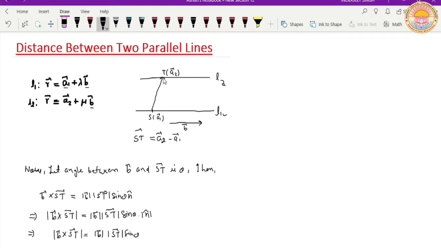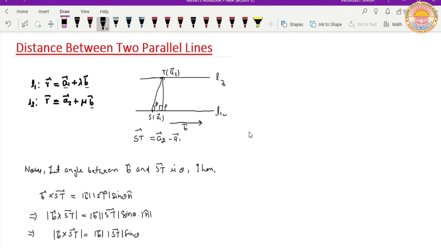Now the distance between two parallel lines L1 and L2 is the perpendicular distance between L1 and L2. So let us draw the perpendicular. Okay, this is PT. Then PT is perpendicular to both L1 and L2. And the angle between vector B and vector ST is theta. It means this angle is theta.